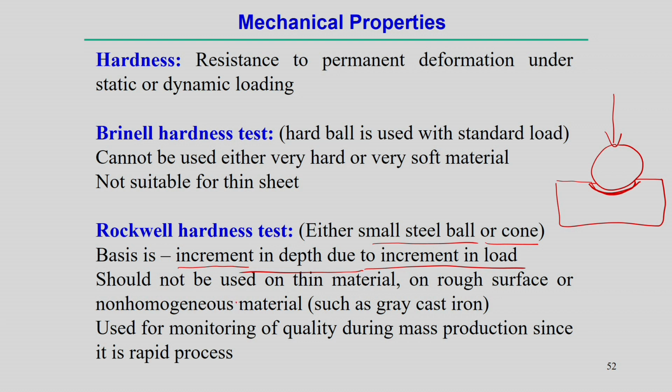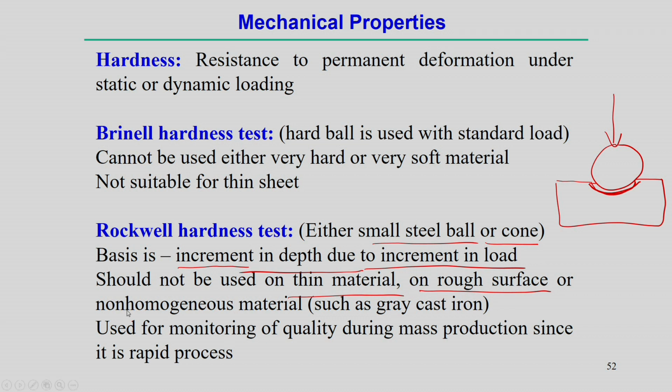So, therefore, this should not be used on very thin material. Of course, it is also not very suitable on very rough surfaces, or in non-homogeneous material, because the result is very sensitive to the homogeneity of the structure, and it depends on the roughness of a particular material.